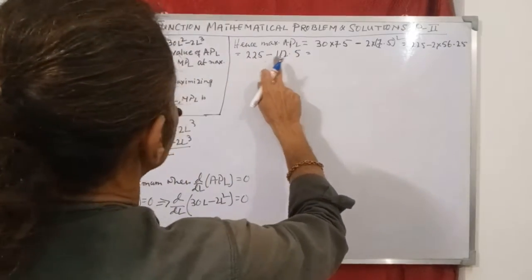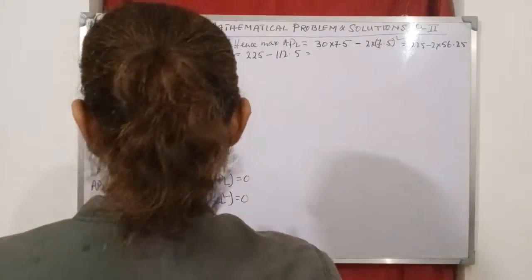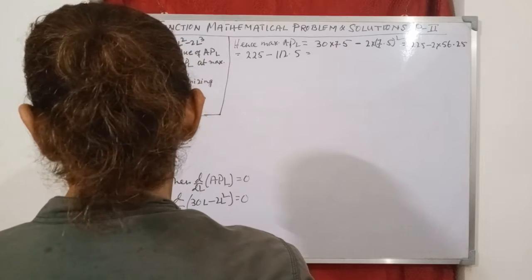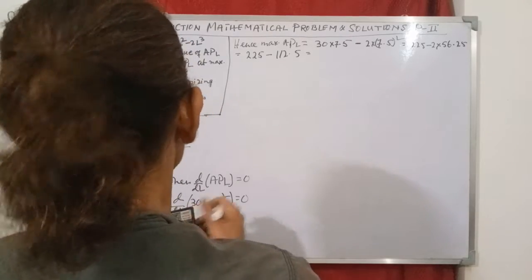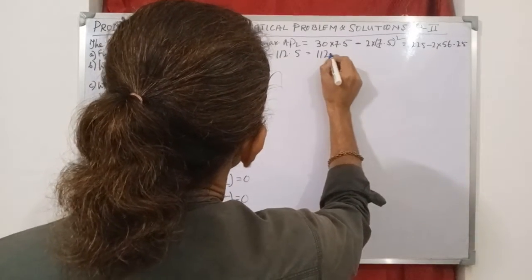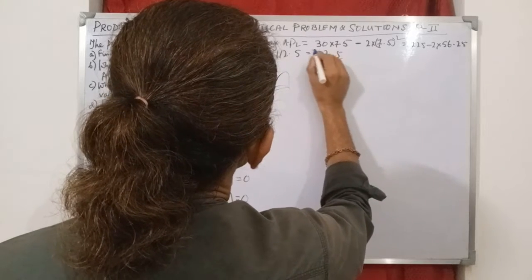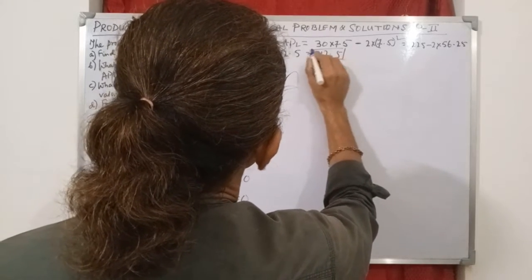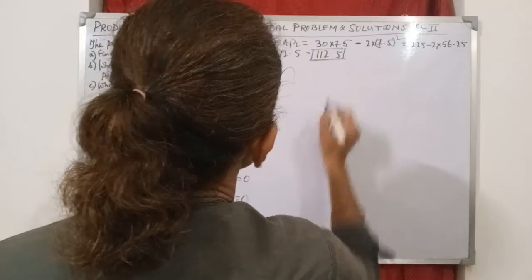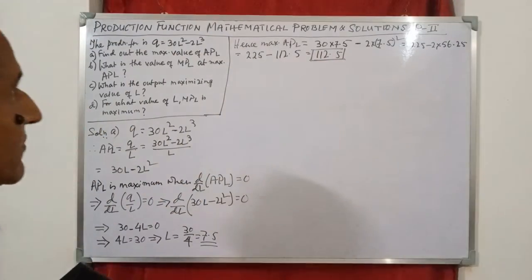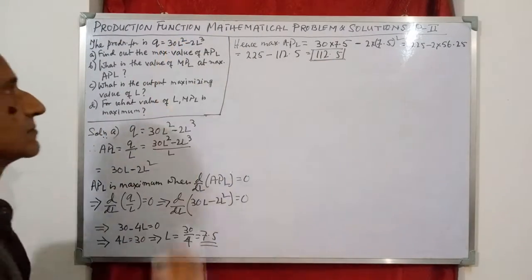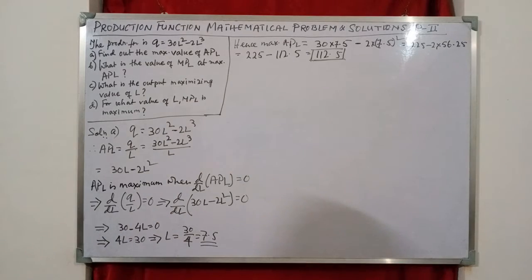So 225 minus 112.5 gives 112.5. This is the maximum value of APL, the maximum average productivity of labor given this production function. So part A is solved.